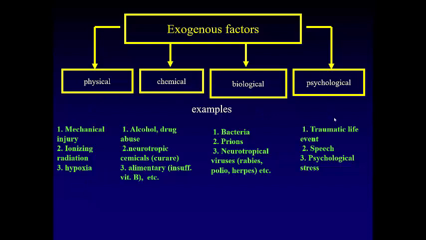But also, let's appreciate that psychological factors play an important role, because the nervous system is the one that is related with our secondary signaling systems, with our speech, psychological events. All this has its own impact on the nervous system.